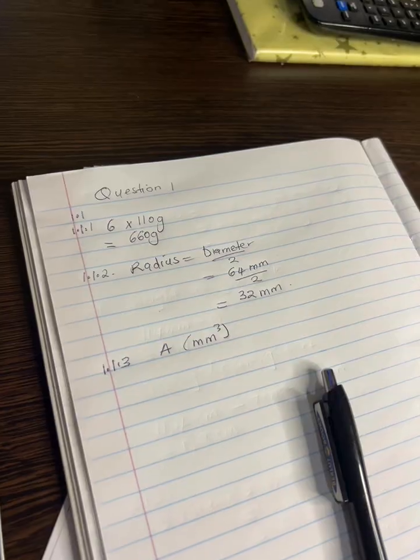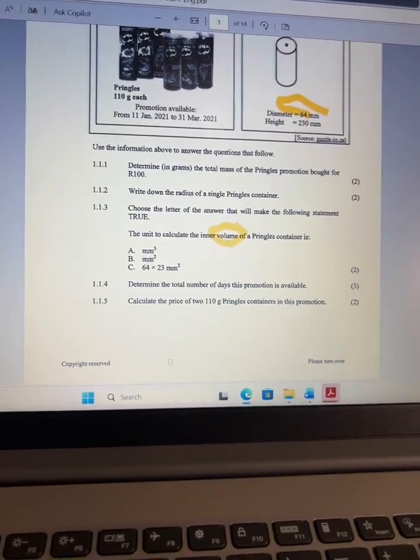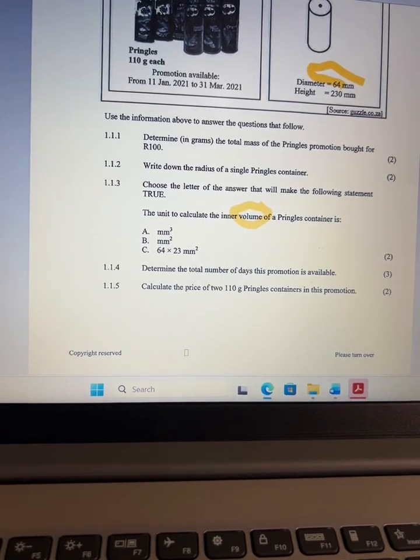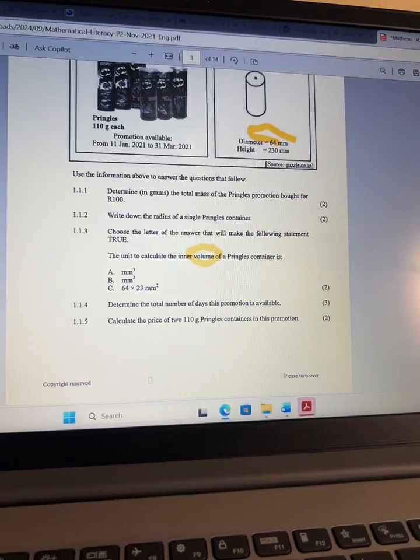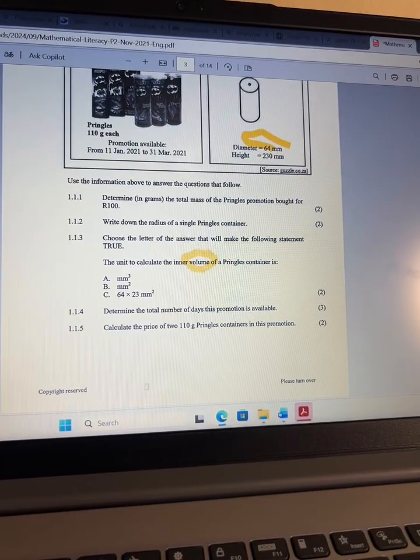And then let's proceed to question 1.1.4. They said determine the total number of days this promotion is available.